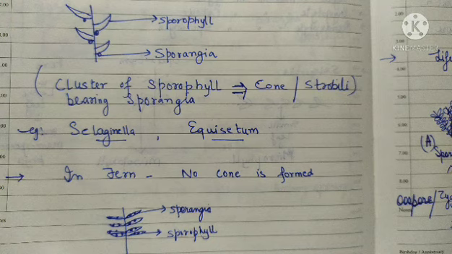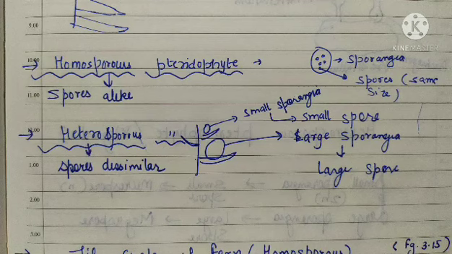So let us learn about another characteristic feature of pteridophytes, that is the homosporous and heterosporous condition. A homosporous pteridophyte is one which will bear spores that are similar in shape and size.